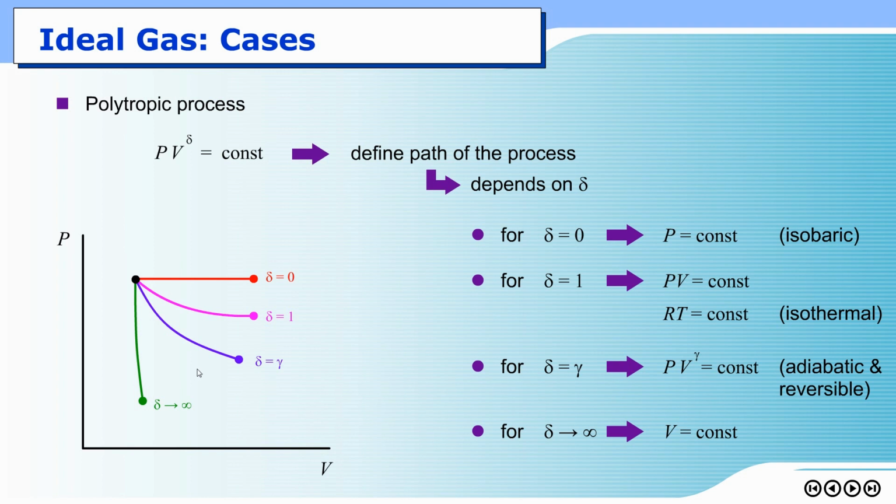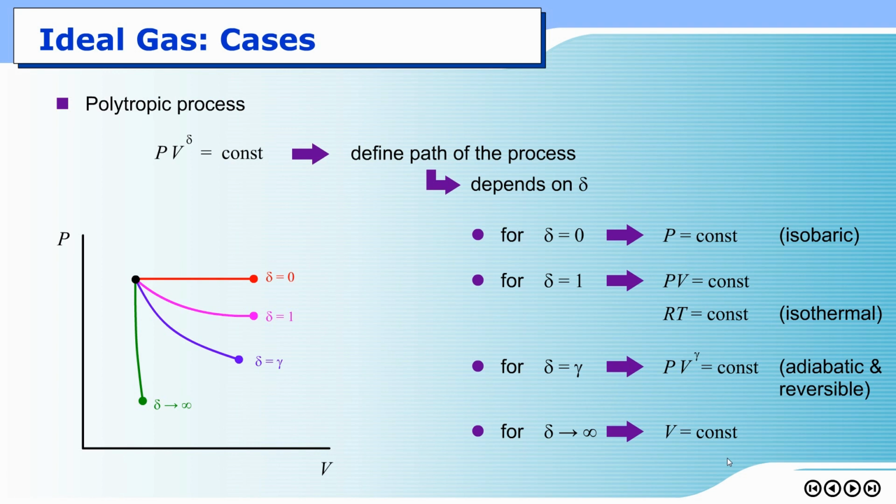But you can see that when the purple line turns into the green line, the area underneath becomes smaller and smaller, approaching zero eventually when it turns into a vertical line, which is consistent with what we said earlier, that for a constant volume process there is no expansion work, so W for this case would become 0.